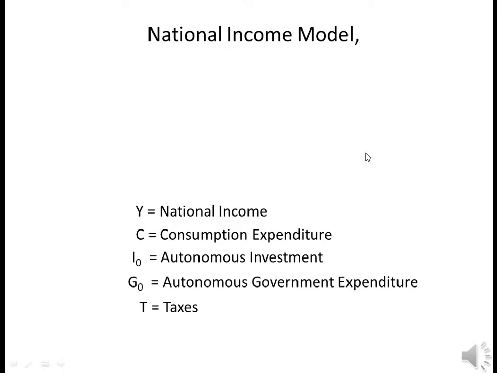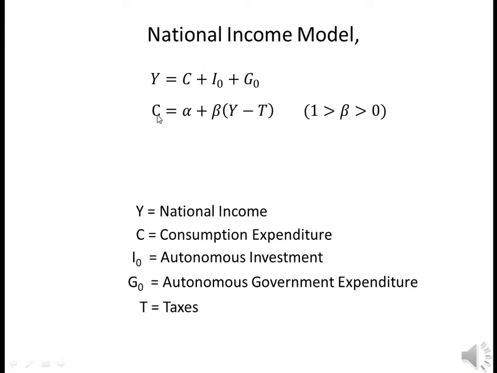In a simple national income model, national income Y is equal to consumption expenditure C plus autonomous investment I naught plus autonomous government expenditure G naught.